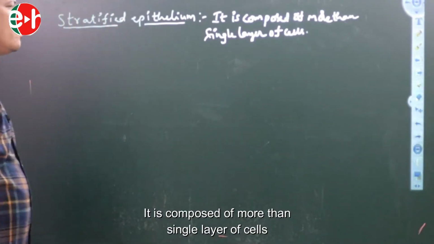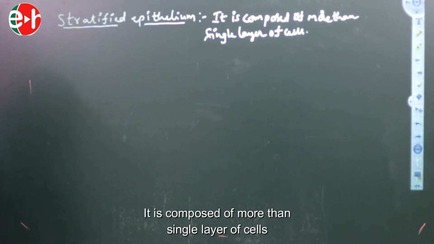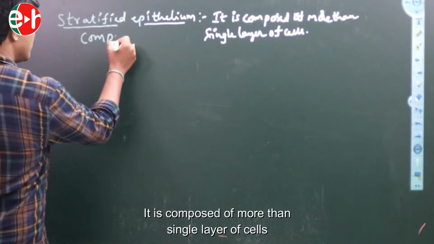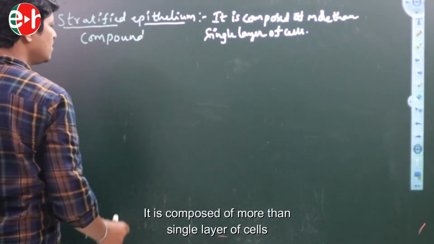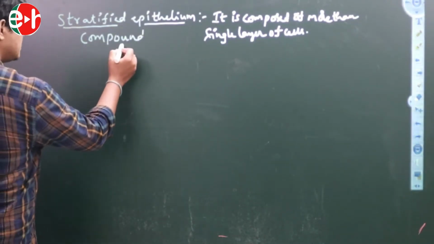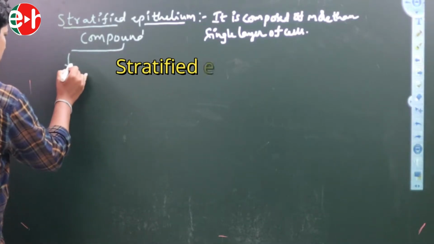It is also called compound epithelium. According to location, stratified epithelium consists of different types.